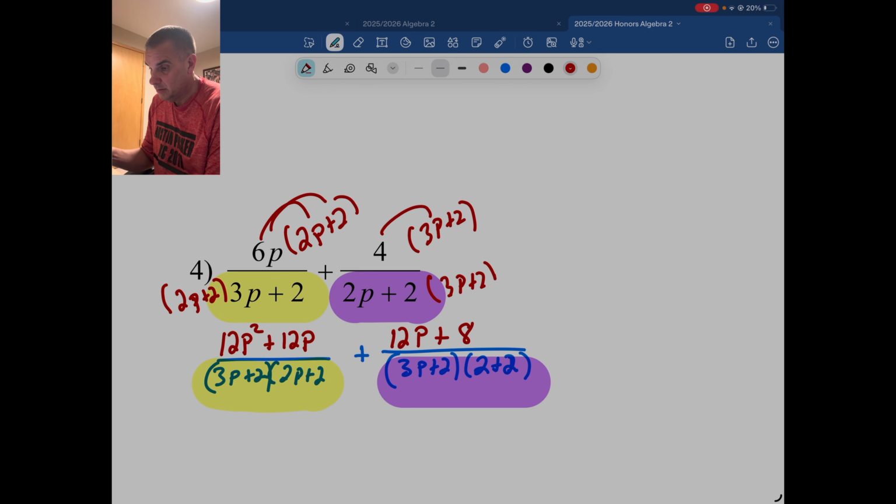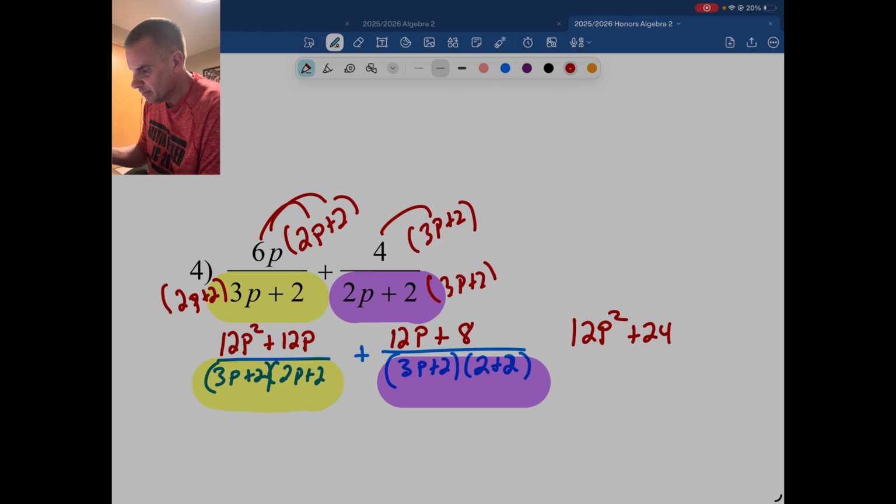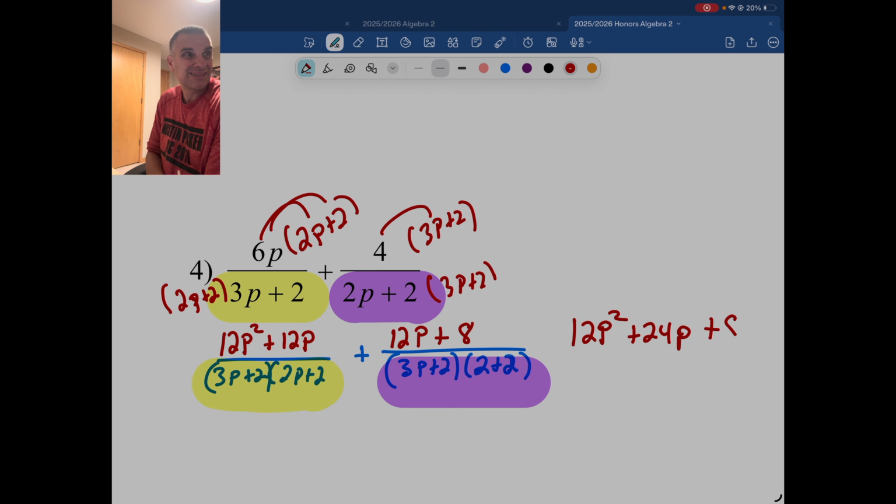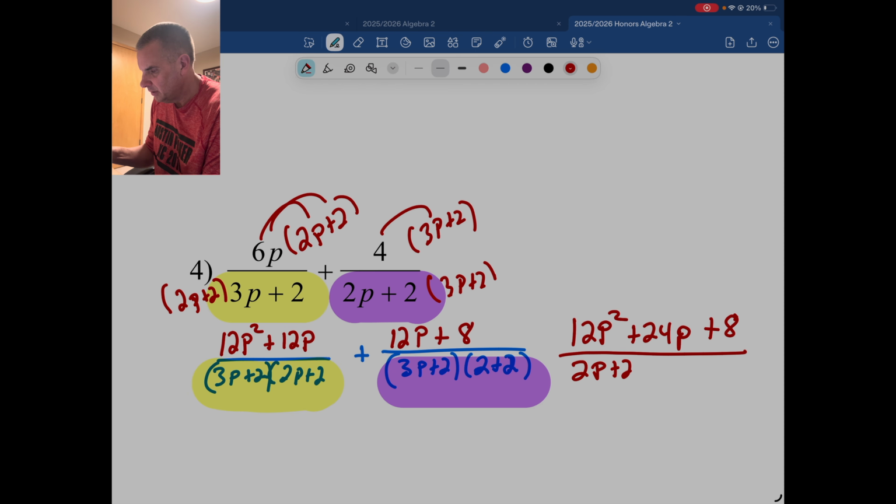Combine like terms. 12p squared plus 24p plus 8, all divided by 2p plus 2 and 3p plus 2.